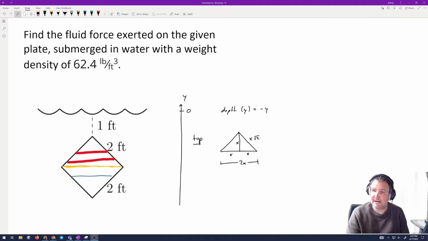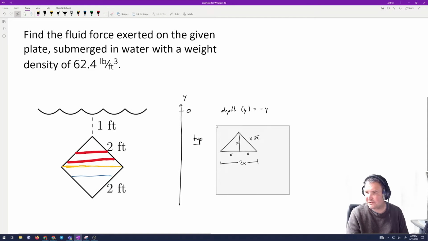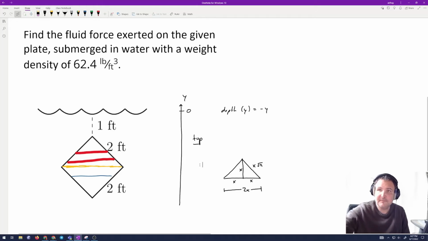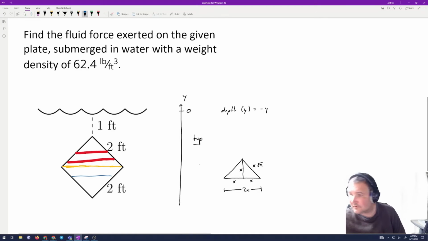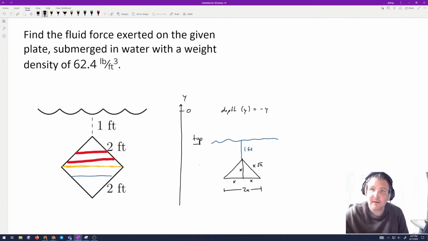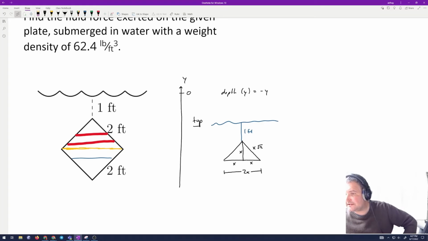Now let's try to imagine the depth in terms of y. So what we want to do is add the bit of the surface on top here. So we have the water, and this is 1 foot. How deep is this? So we have x plus 1 as the depth.